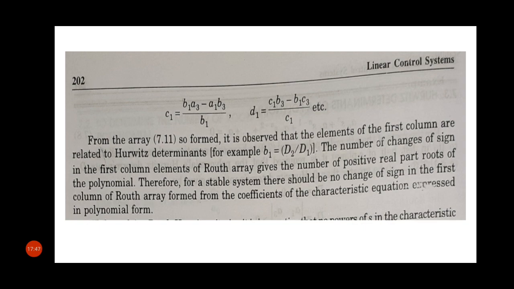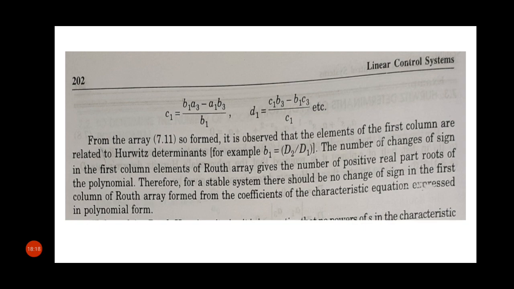The necessary condition: first, none of the coefficients of the characteristic equation should be missing or 0. If any coefficient is missing, then we cannot analyze stability by using Routh criteria.